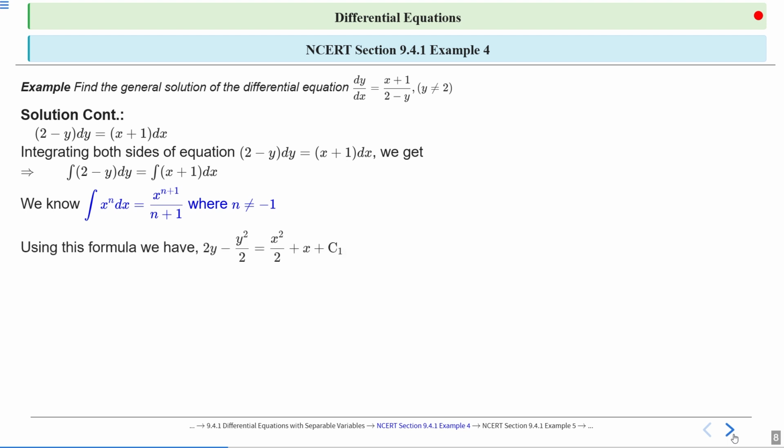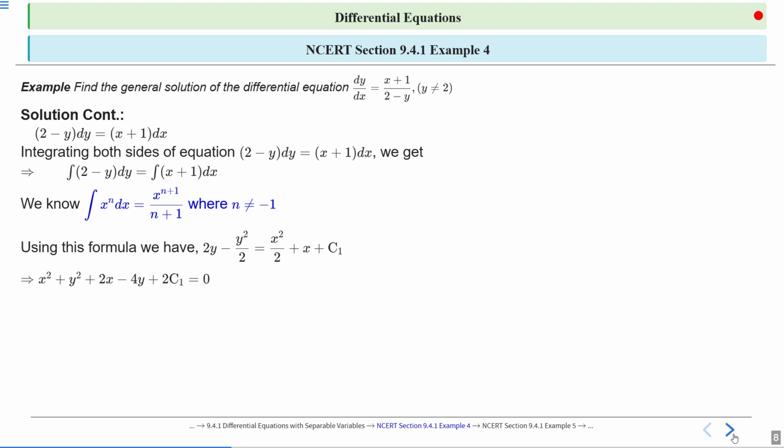We get integration of 2 is 2y. Integration of y dy is y square by 2, is equal to integration of x, that is x square by 2, plus integration of 1 dx, that is x, plus constant of integration c1.